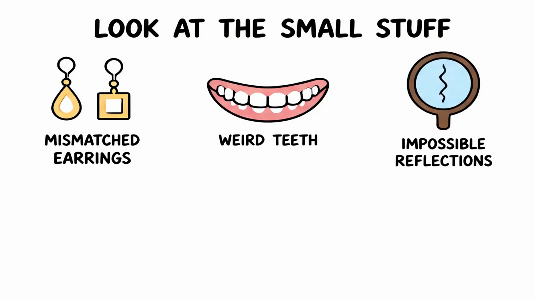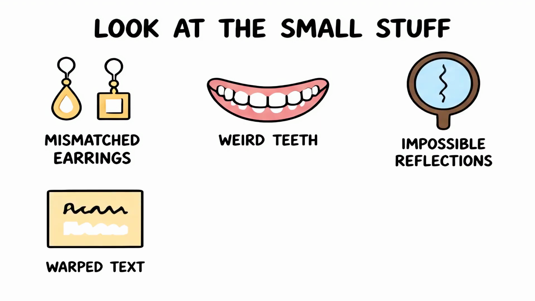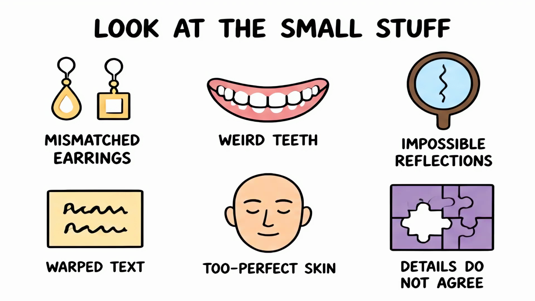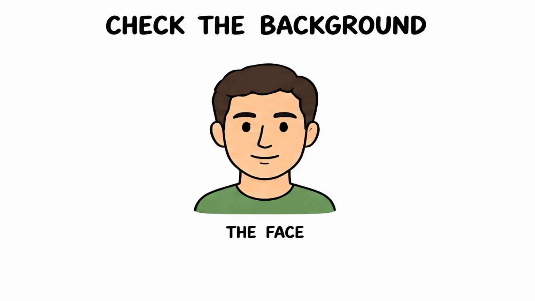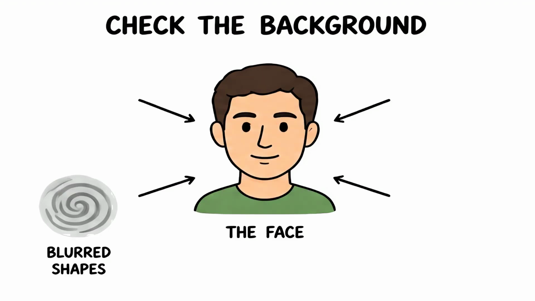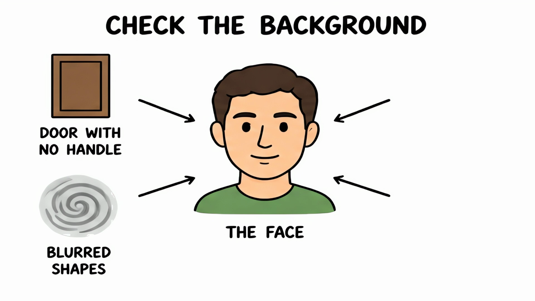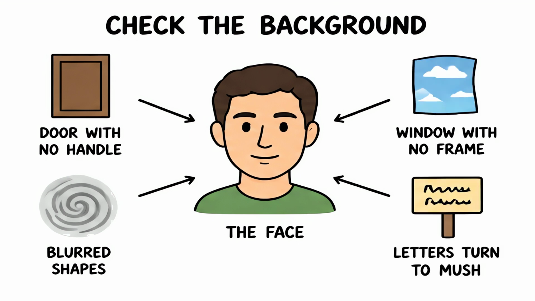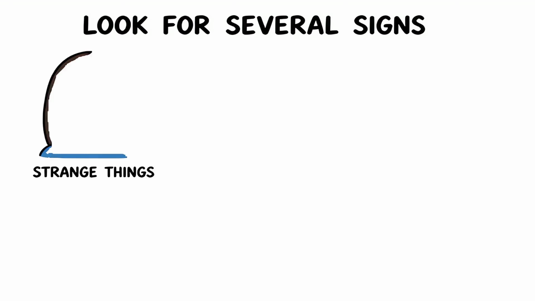Mismatched earrings, weird teeth, impossible reflections, warped text on signs, too perfect skin, or details that simply do not agree with each other. Backgrounds are another giveaway. AI often blurs them or fills them with shapes that look like objects but make no sense. A door with no handle, a window with no frame, a street sign with letters that turn to mush.